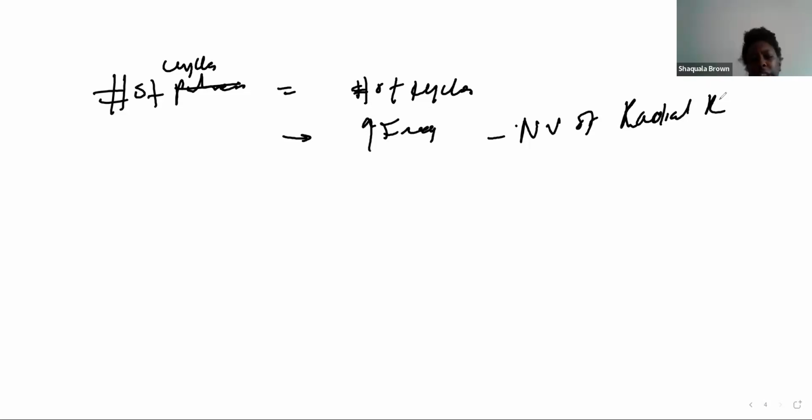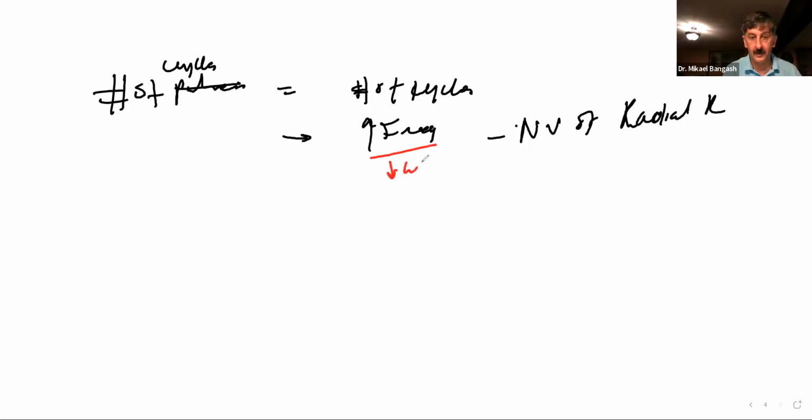Is it going to decrease? It will decrease, right? Because increasing the frequency indirectly means the wavelength will decrease. So the numerical value of the radial resolution will also decrease.